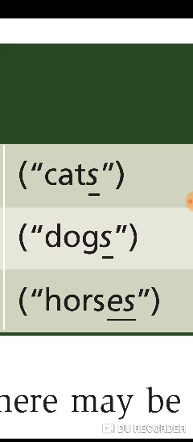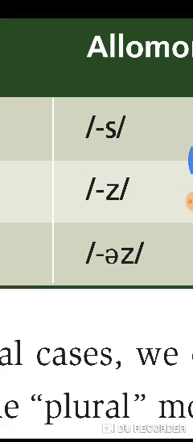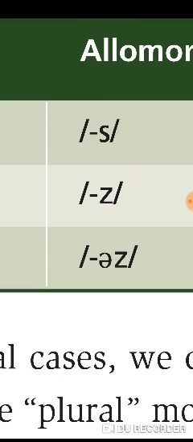Remember, we write an S here, but we pronounce it as a Z here. Number 3, horse, horses. Do you remember we talked about this in phonetics in my other lecture? So the first one is s, the second one is z, the third one is iz. Let us come back here: cats, dogs, and horses.